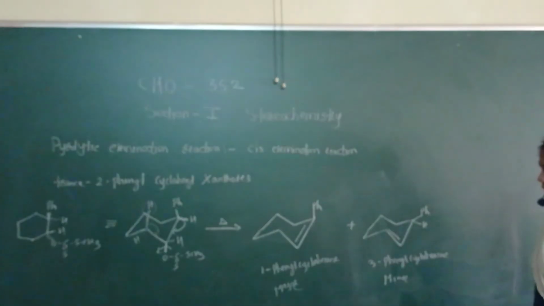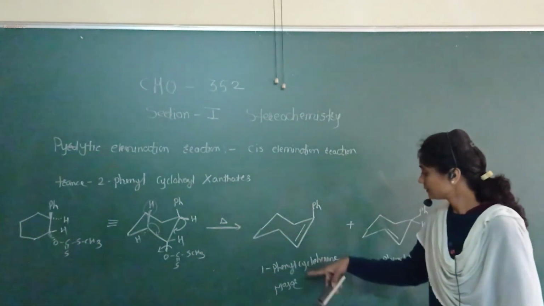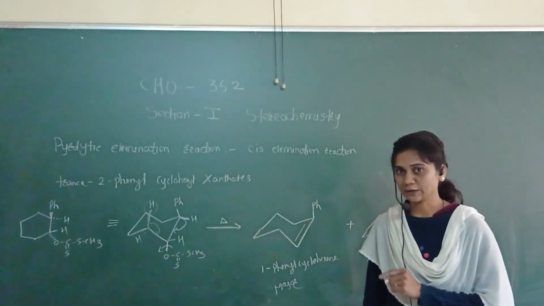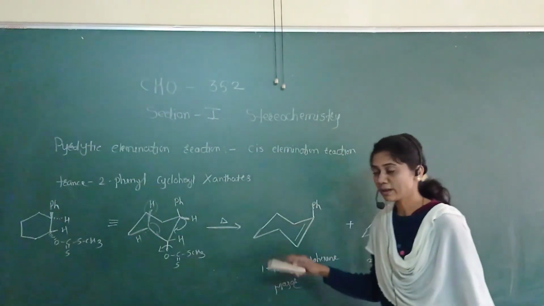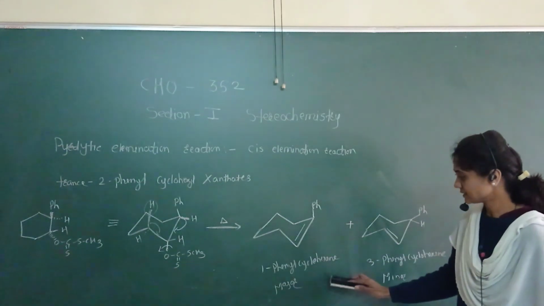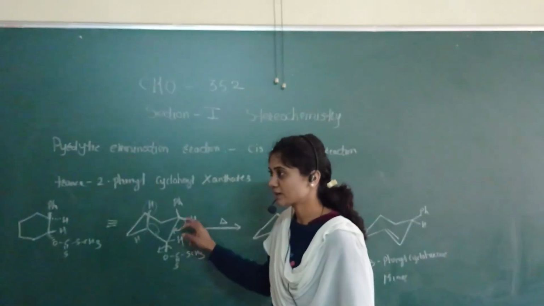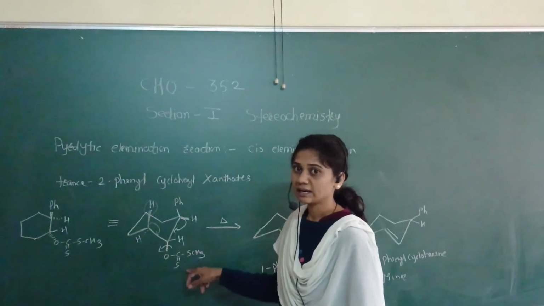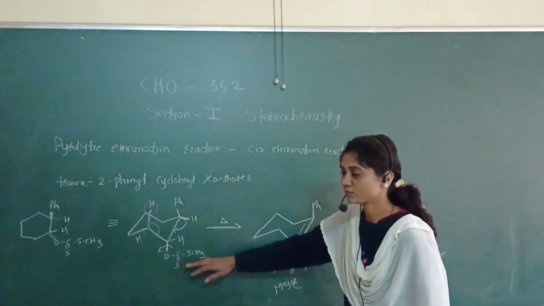In cis-2-phenyl cyclohexyl xanthate, the major product is 3-phenyl cyclohexene, but in trans-2-phenyl cyclohexyl xanthate the major product is 1-phenyl cyclohexene, because the favorable condition, the stereochemical requirement, is that the hydrogen and the eliminating group are cis to each other, or it must be one axial and one equatorial.